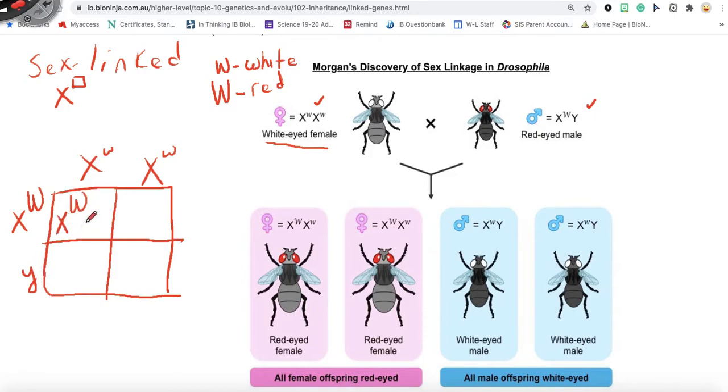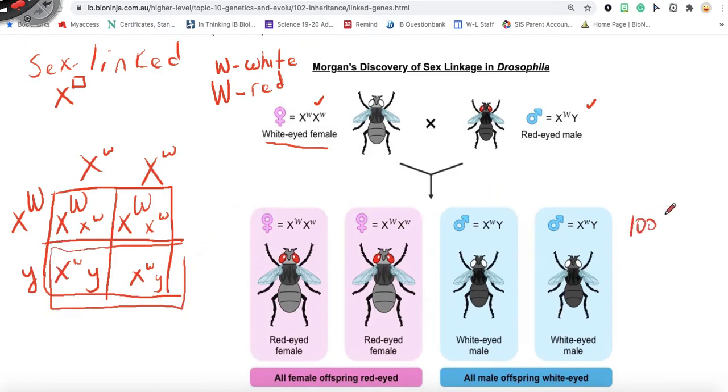So then when you did this cross, you got something like this. And I like to make a big distinction between the big W and the little one so I don't make a mistake. Okay, so a little w here and a little w here. So you end up with 100% of the males come out with white eyes.